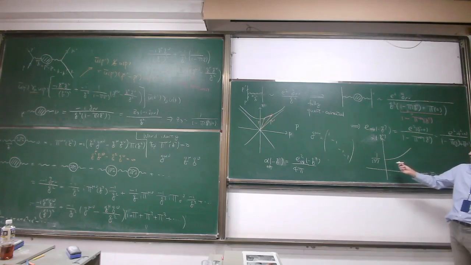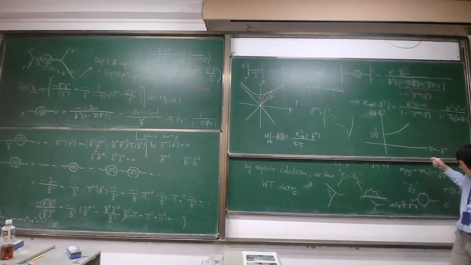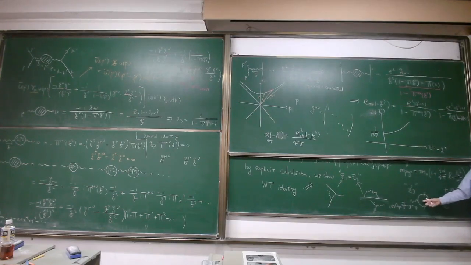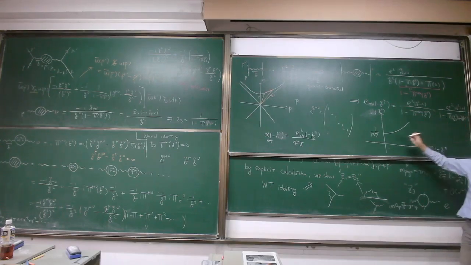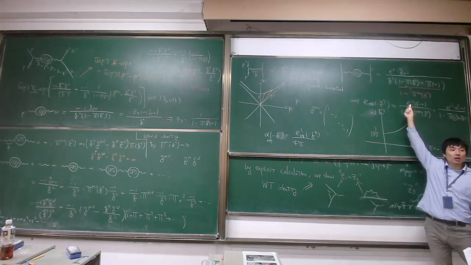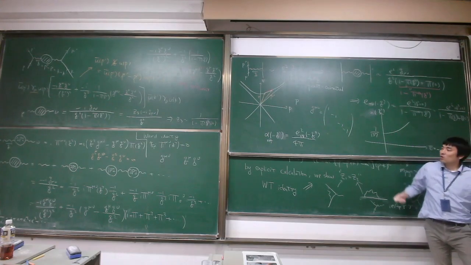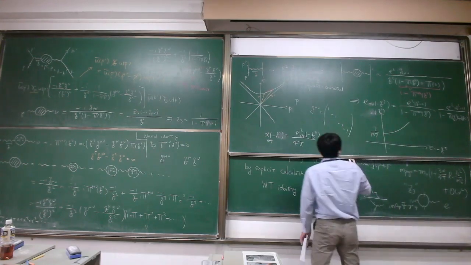But anyway, after the computation of this diagram, which I already didn't erase, and after we compute pi, we will see that the coupling constant grows as the energy scale increases. And if the coupling constant grows, we did the perturbation expansion in the Dyson series.